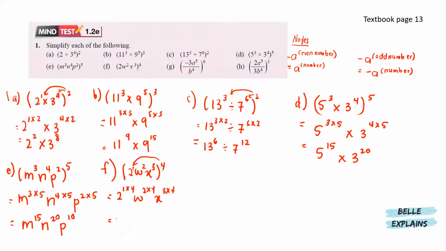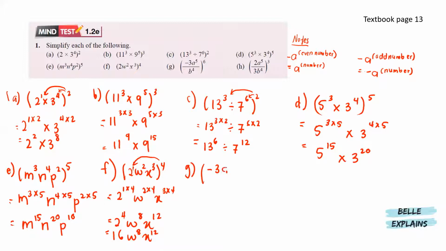So here we'll get 2 to the power of 4, w to the power of 8, and x to the power of 12. So 2 to the power of 4 can also be simplified, and that will give us 16, w to the power of 8, and x to the power of 12.